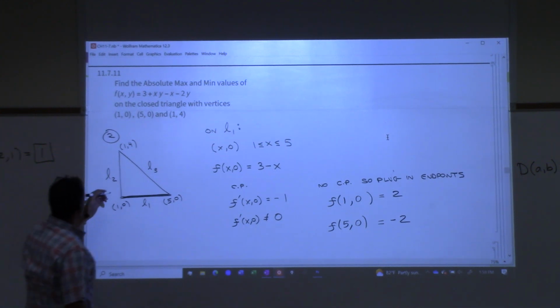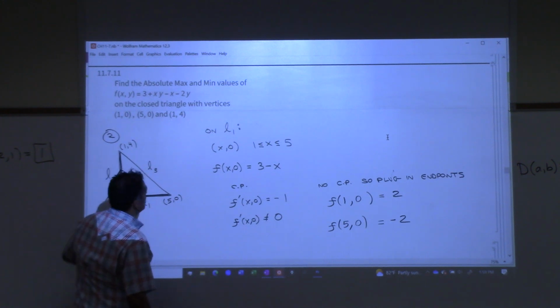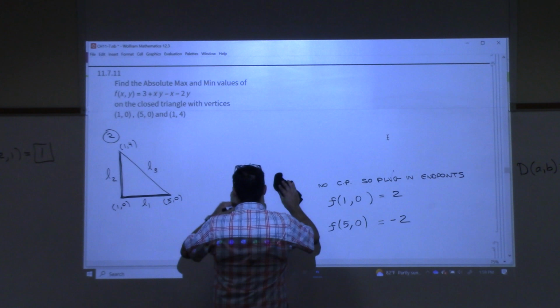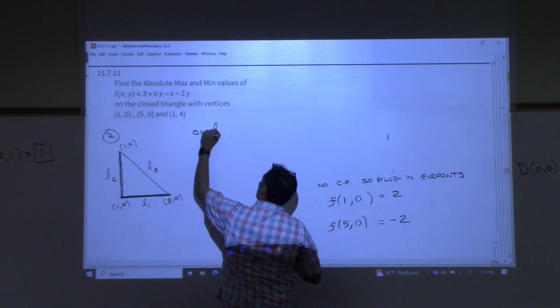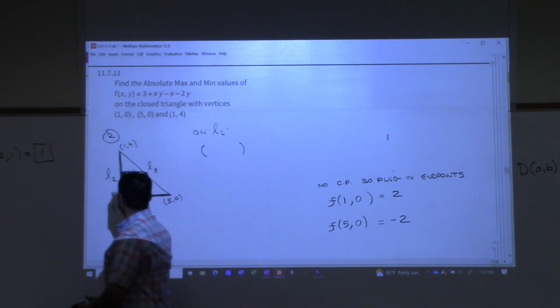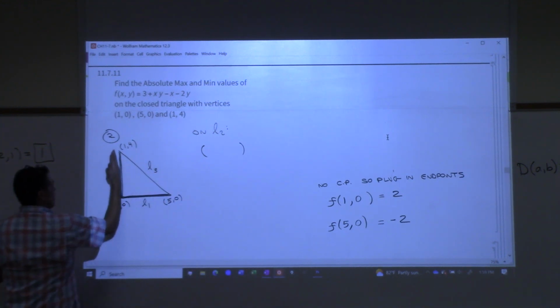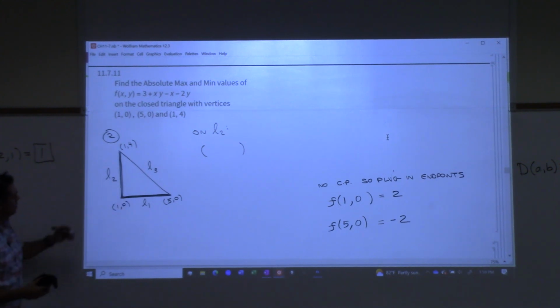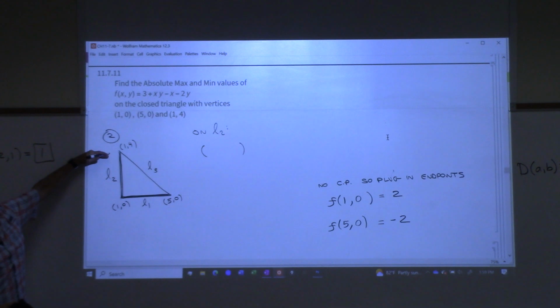Let's go along L2. So if we go on L2, what does every point on L2 look like? They all have the same x-coordinate, right? What's the x-coordinate? 1. And then the y-coordinate is what? From 0 to 4, right?